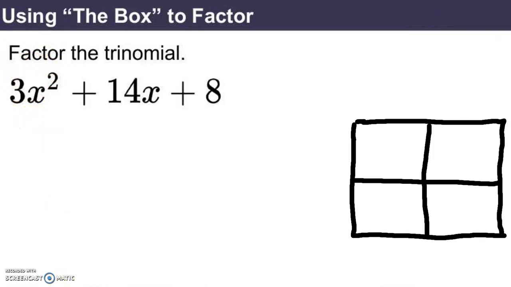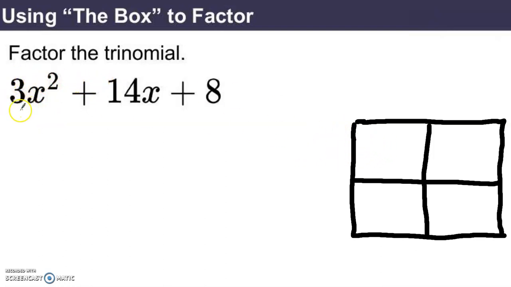In the last video, all of the leading terms, all of the first terms of the trinomials were just x squared or n squared. And in this video, we're going to show you how to factor ones that don't have a 1 as that coefficient. This polynomial is 3x squared plus 14x plus 8.